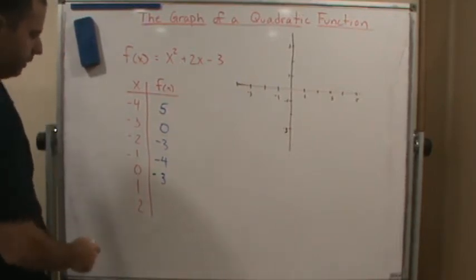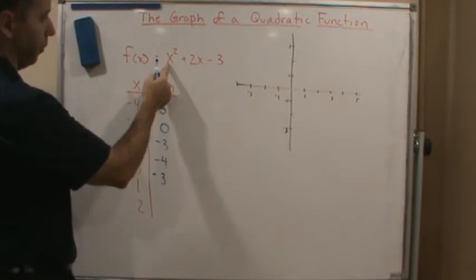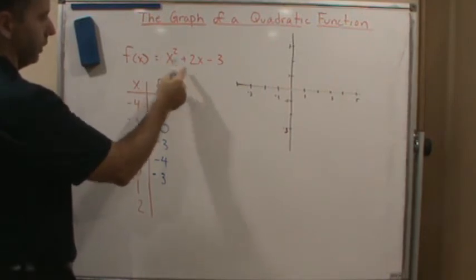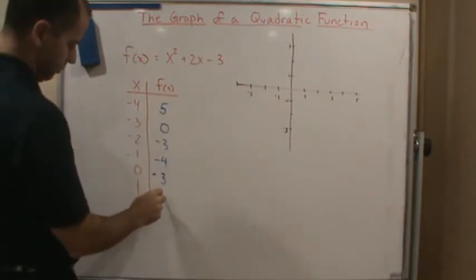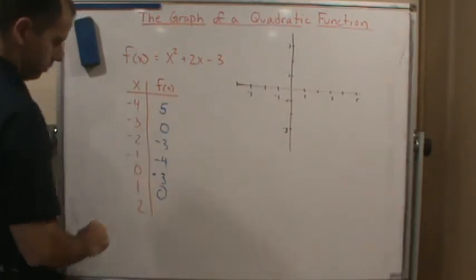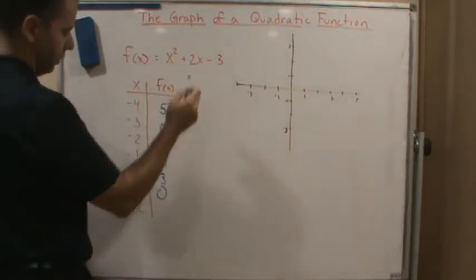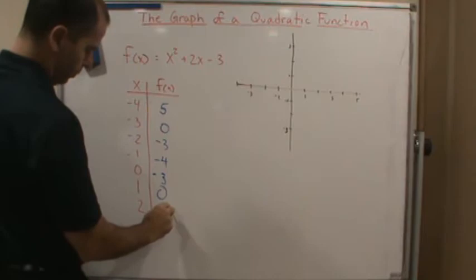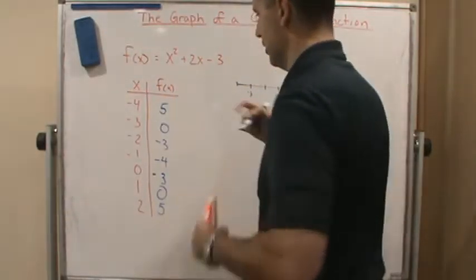We stick in 1, we get 1 plus 2, which is 3, minus 3, so we get 0. And if we stick in 2, we get 5.